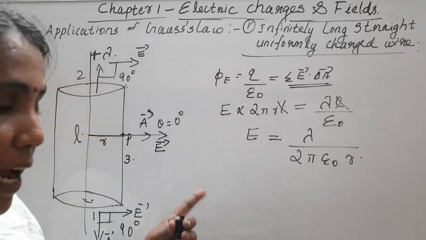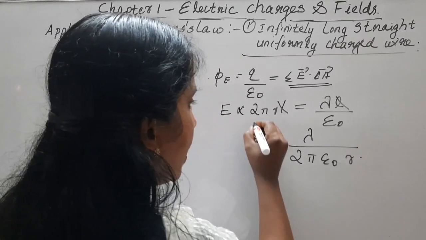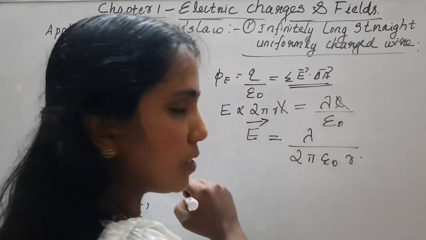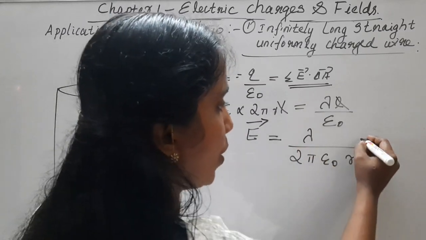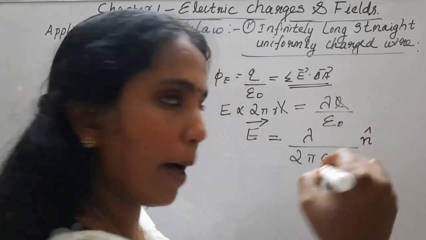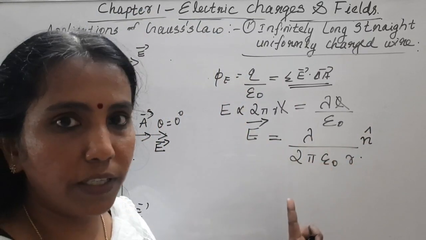When we write the vector equation, it becomes vector E is equal to lambda by 2 pi epsilon 0 R into n cap, where n cap is a unit vector.